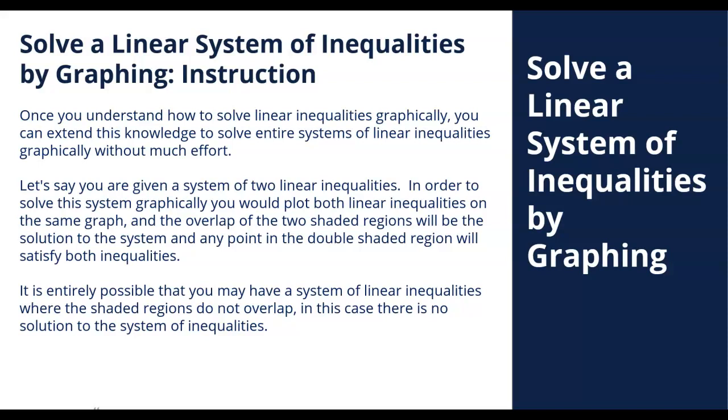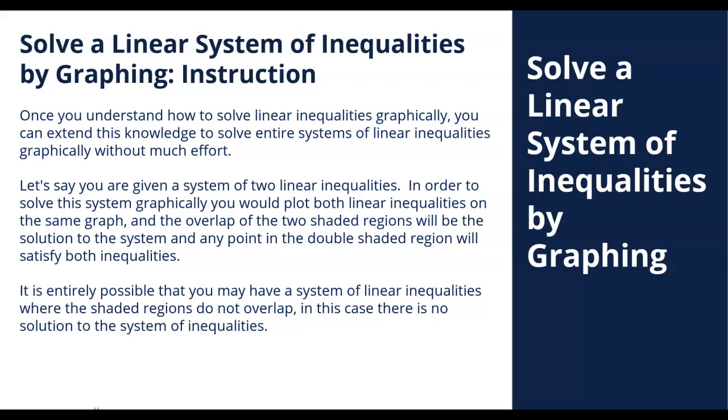Let's say you are given a system of 2 linear inequalities. To solve this system graphically, all you need to do is plot both linear inequalities on the same graph. The overlap of the 2 shaded regions will be the solution to the system, and any point in the double shaded region will satisfy both inequalities.